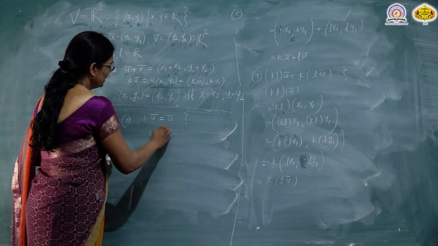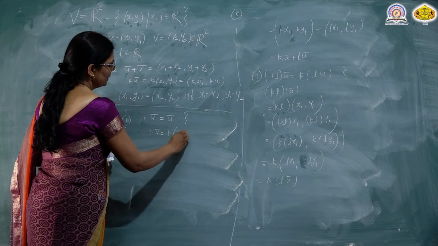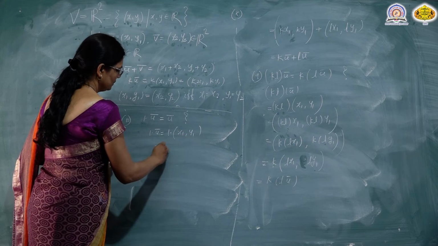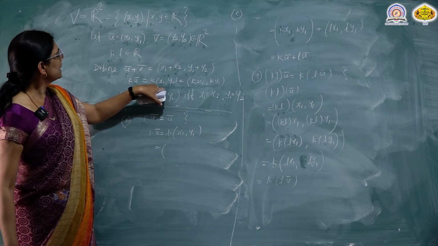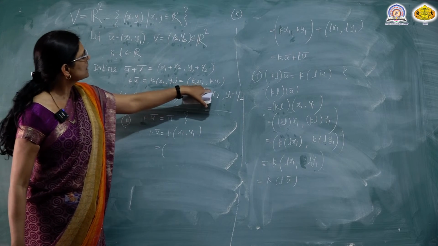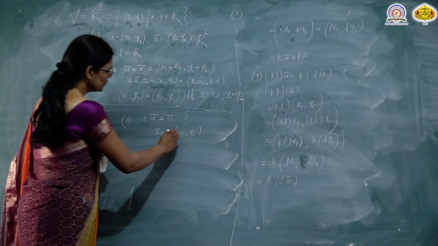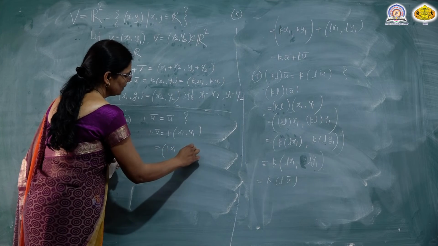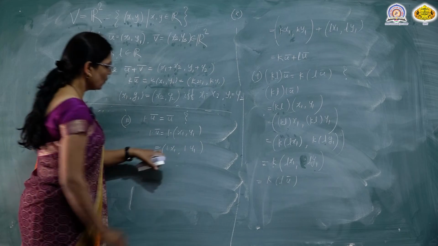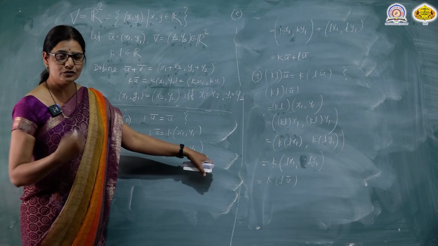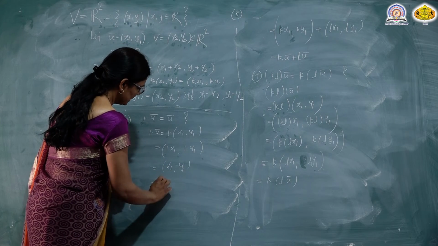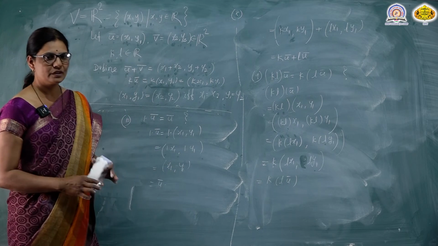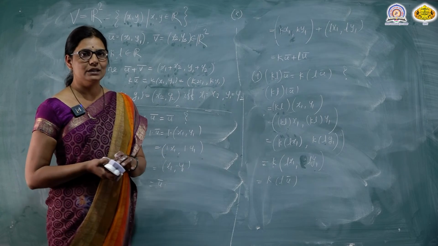So 1 into u bar is equal to 1 into x1, y1. 1 is a scalar here. Use this definition: K times x1, y1 is K times x1, comma, K times y1. So this is 1 times x1, 1 times y1. 1 is a real number, x1, y1 are also real numbers. So this can be written as x1, y1, that is equal to u bar. So this is our last property.